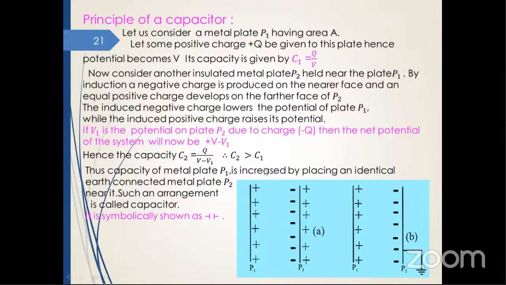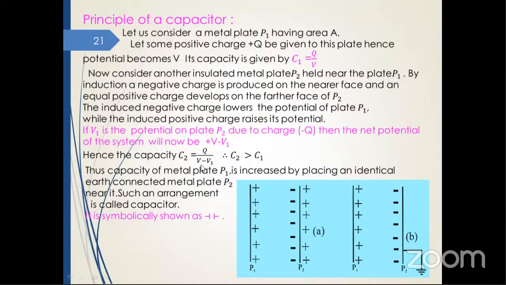V minus V1. Because of this V, there is the induced V1, which is the potential on plate P2 due to charge minus Q, and so you are finding here the capacitance of the second capacitor, or you can say the second plate P2, which is Q by the potential difference, that is V minus V1, and therefore C2 is greater than C1.